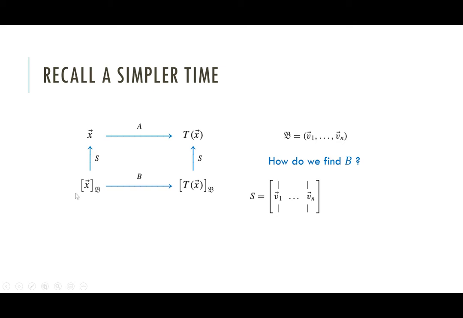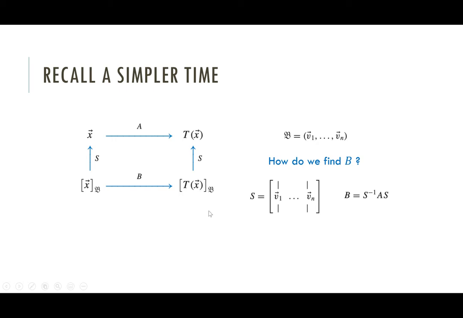You just multiply this coordinate vector by S and you get your original vector, the vector in standard coordinates. And then we have this diagram showing us what's going on. We can go from x in coordinates and back into standard. Same with the transformed vector in the coordinates. We can transform that back into standard coordinates.